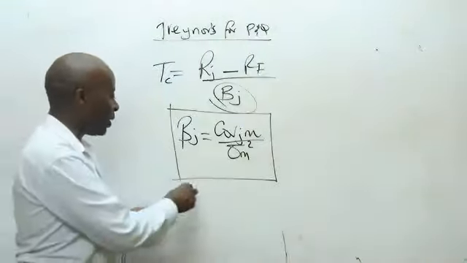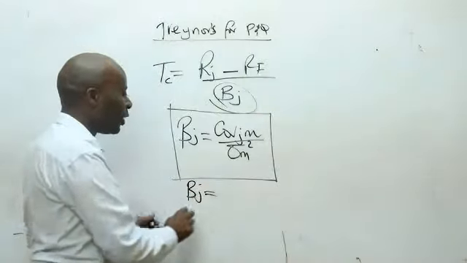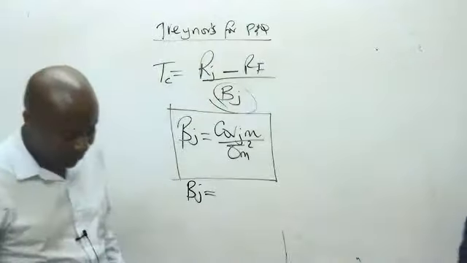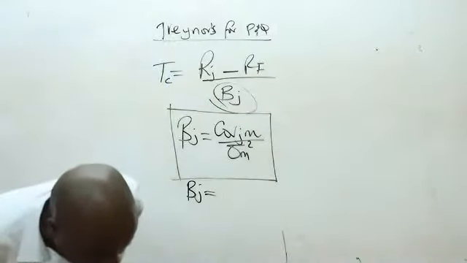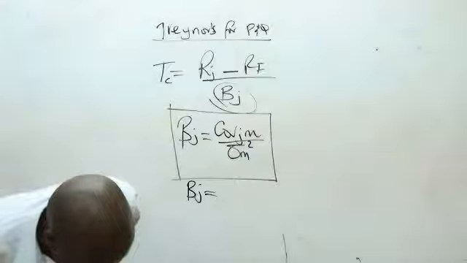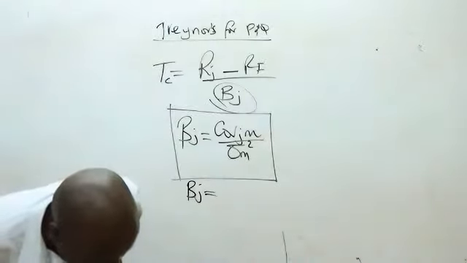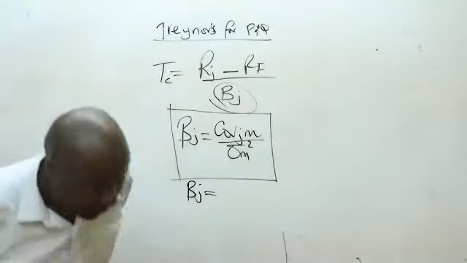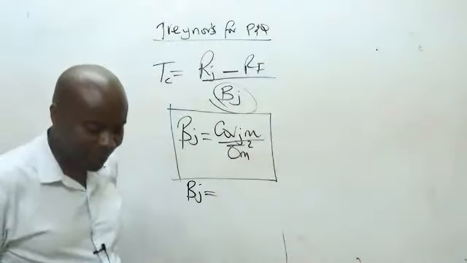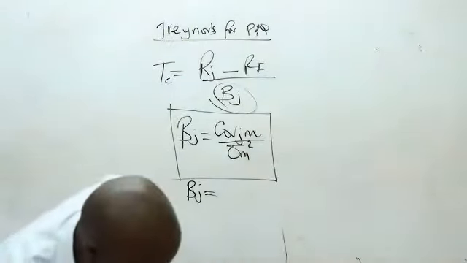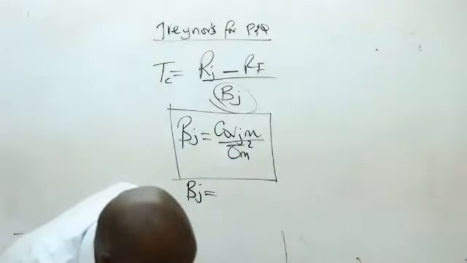How about beta J using the correlation coefficient approach? Using the correlation coefficient approach, beta J will be equal to what, somebody here?